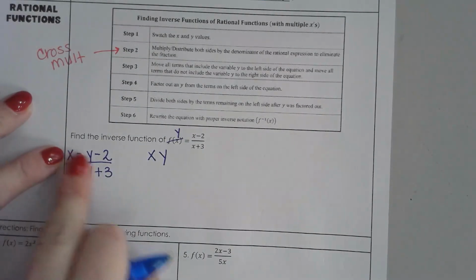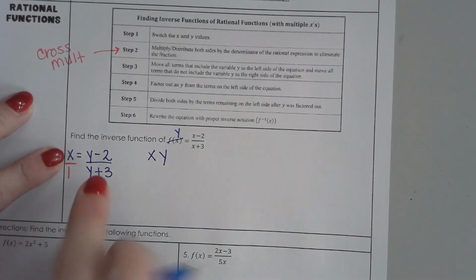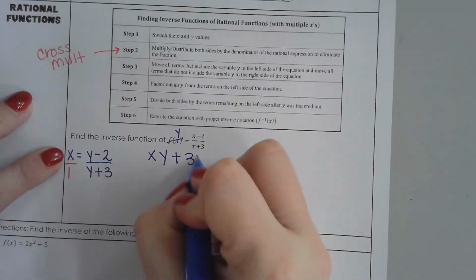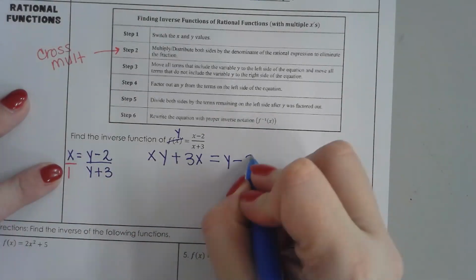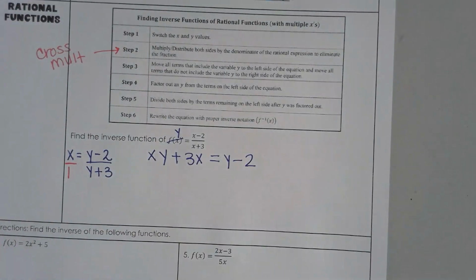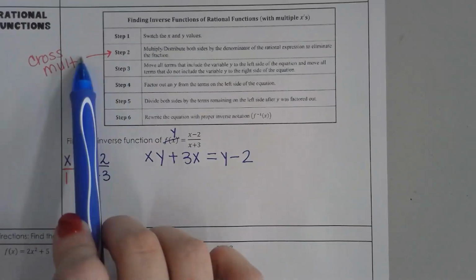X times 3 is 3x equals, and then just y minus 2. So that's our step 2, cross multiply.